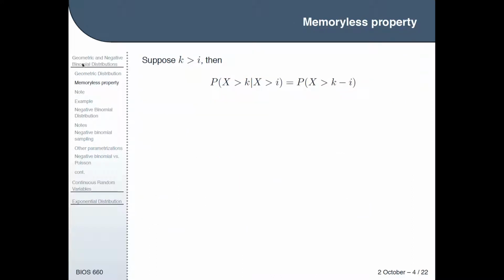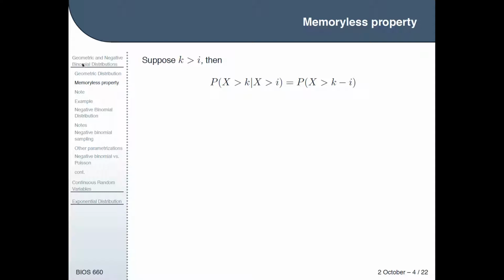And one interesting property of the geometric distribution is what's known as the memoryless property. The intuitive way to think about it is that the distribution has no memory. Formally, if you write it down, it says the probability of going more than k trials before you get a success, given that you've gone i trials, is just equal to the probability of going more than k minus i trials.